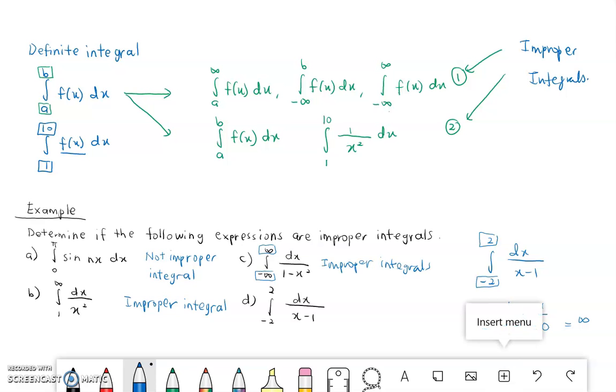If we draw this graph, let's say the graph is something like this. The interval starts from negative 2 to 2, and we know that when x is equal to 1, the value will be infinite.